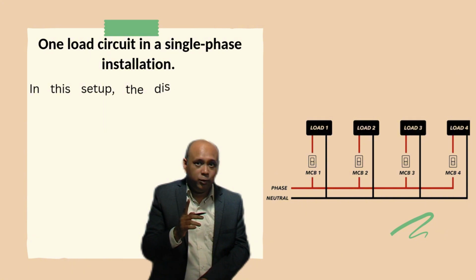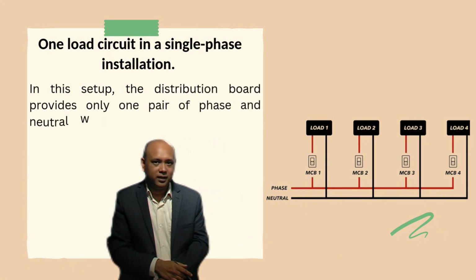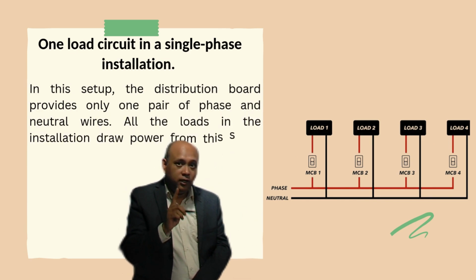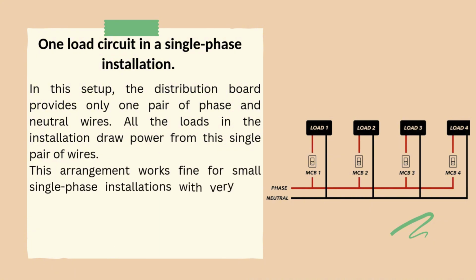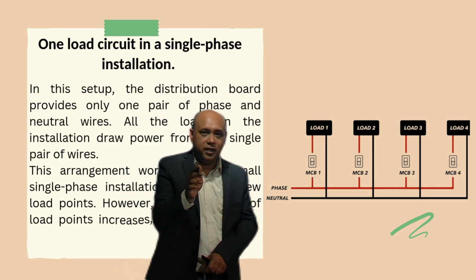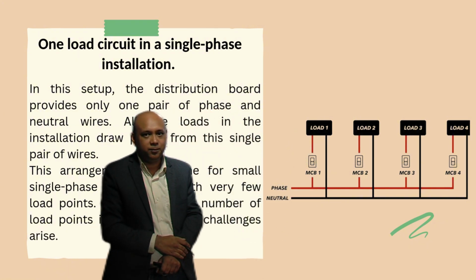So now let's discuss the case where we have only one load circuit in a single phase installation. In this setup, the distribution board provides only one pair of phase and neutral wires. Like in this case you can see there is only one pair of phase and neutral wire. All the loads in the installation draw power from this single pair of phase and neutral.